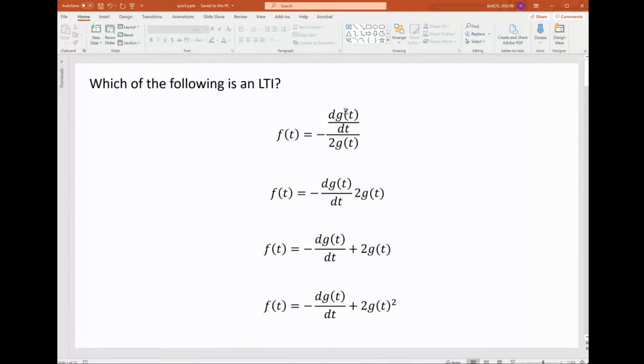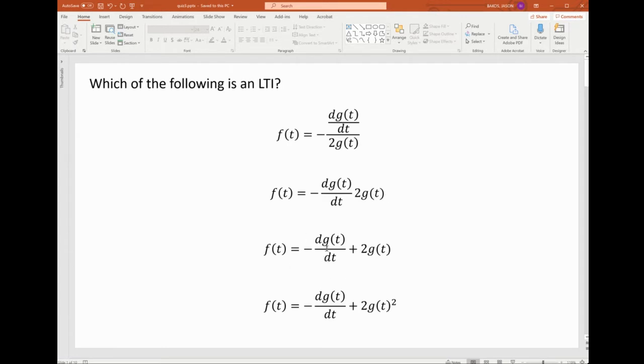So the first option, we have the derivative of g divided by 2g. That's not an LTI because you're dividing by the signal g, or g of t. The second option, you're multiplying the derivative of g times g again, so that's not an LTI because you're multiplying two signals together.